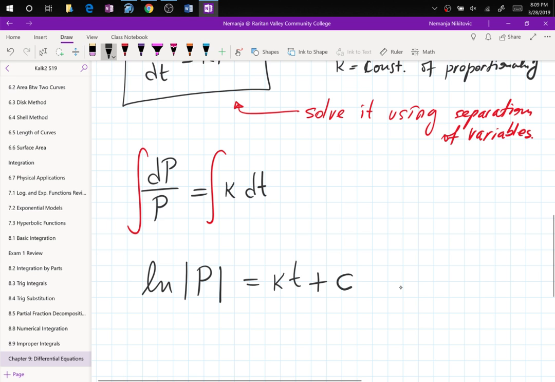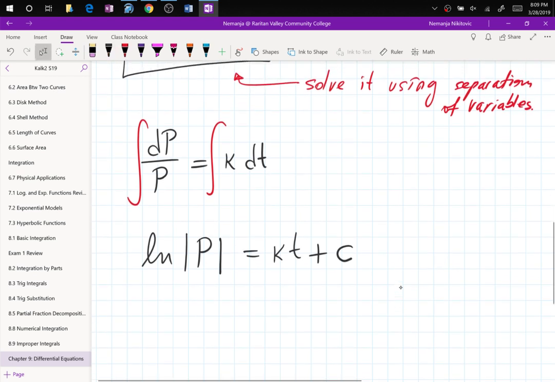Are we agreeing on that? So yes, there are two plus C's, but we combine them into a single one and just stick it on one side. Are we done? Well, we can do better. I can get P alone by exponentiating both sides, right?